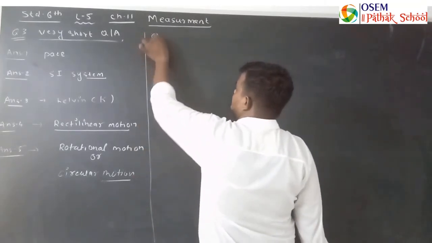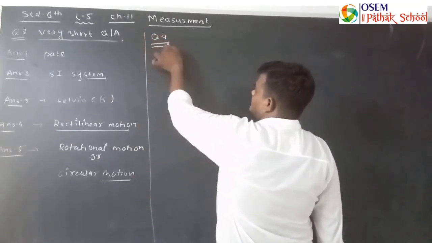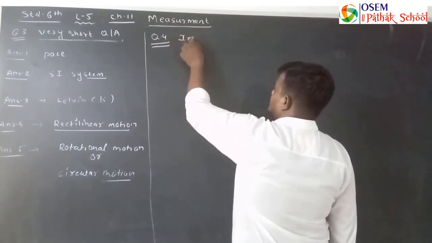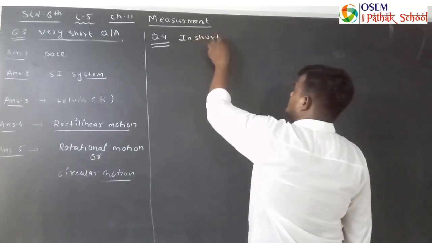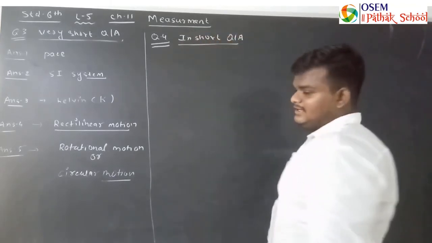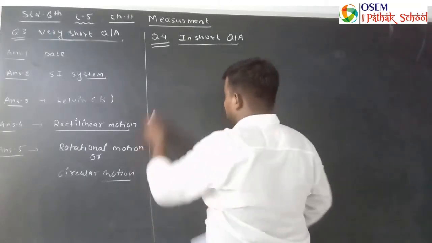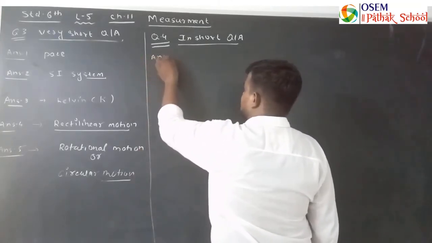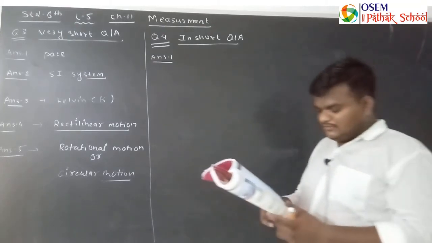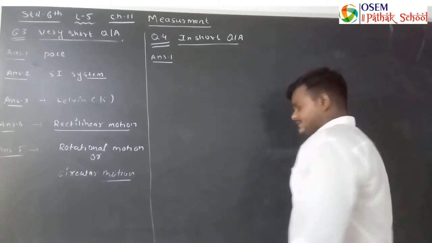Now question number 4, write down the answer of the following questions in short. So answer of the first question: name 4 physical quantities that can be measured.